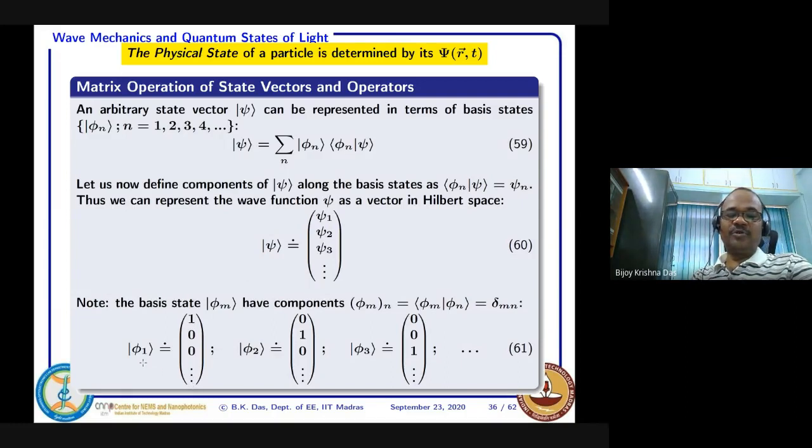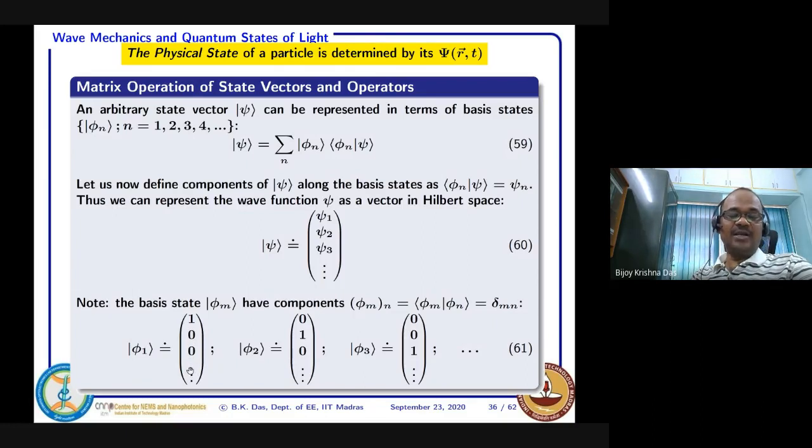If you want to represent a basis vector along 1, you have n different axes, and out of these, in the first axis you put 1. All other components will be 0. So phi 1 we represent also with a column vector, with 1 only as the first element and the rest 0.